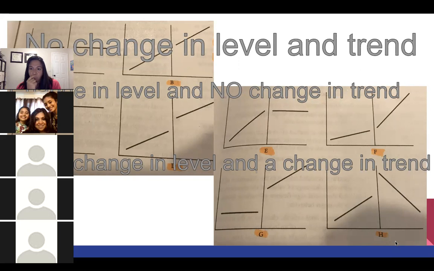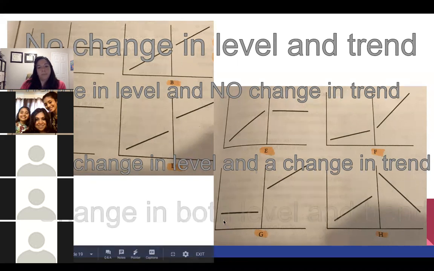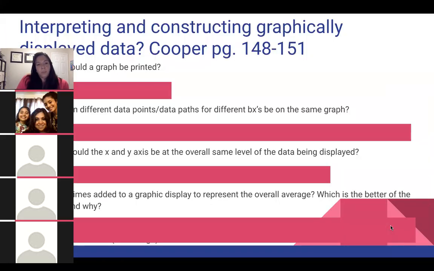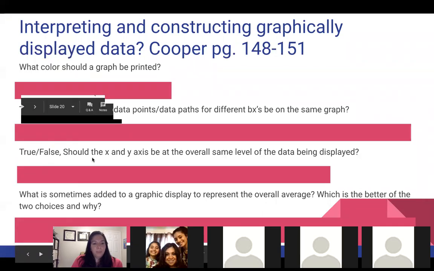Yes, both trend and level changed for G and H. Ascending and descending. Right, good job. So it's a change in both level and trend here. Wonderful. You guys got this.